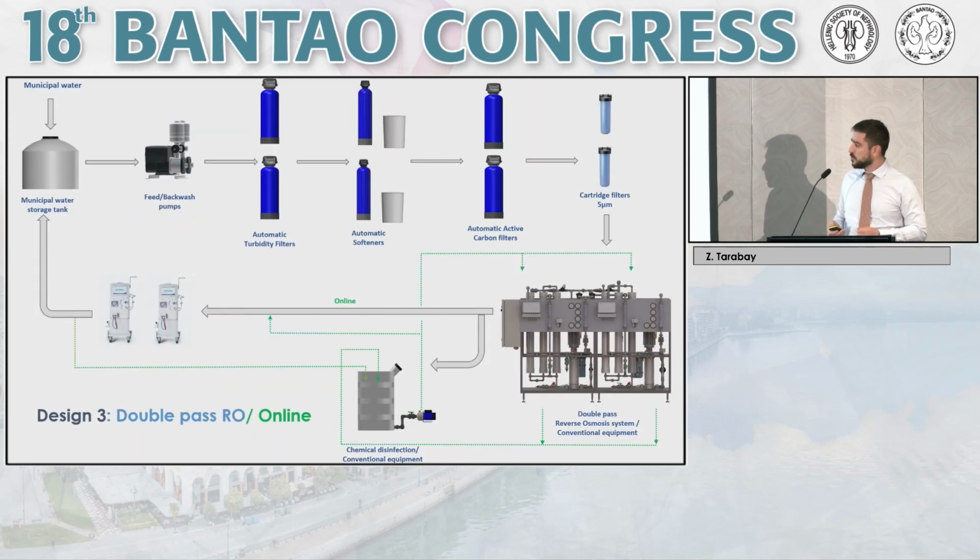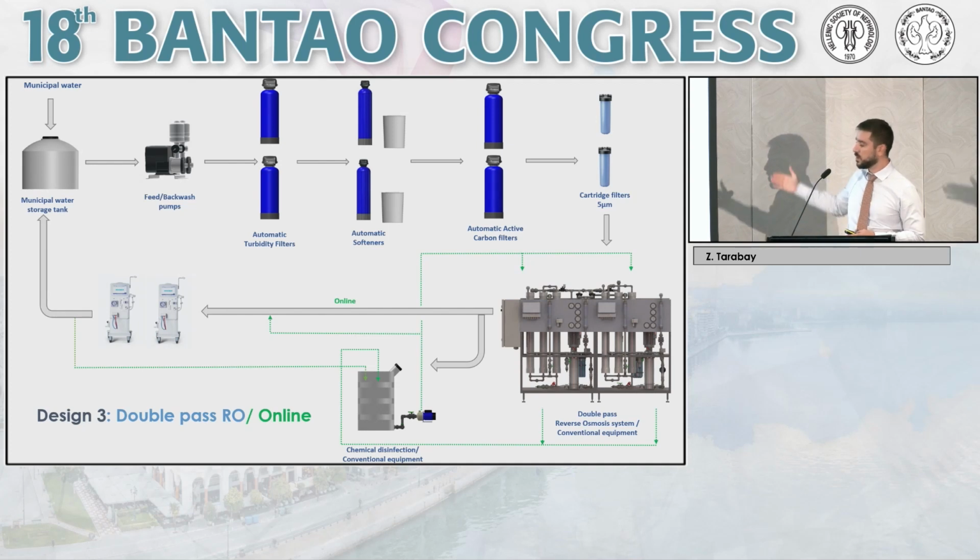The third design chronologically, an improvement to the previous one, was a double pass RO and online. What we see here is we have complete redundancy and backup in the pretreatment. So we have 2 of each: 2 feed pumps, 2 sand filters, softeners, active carbon filters, and 5 micron filters. And most importantly, the RO system, 2 in series, has a feature which is an automatic immediate switchover.